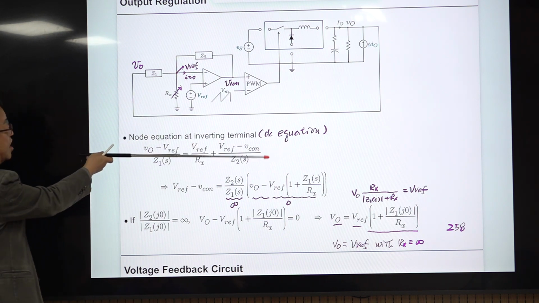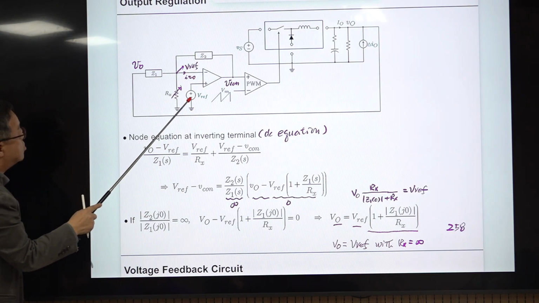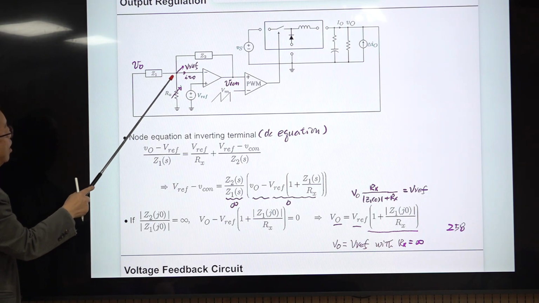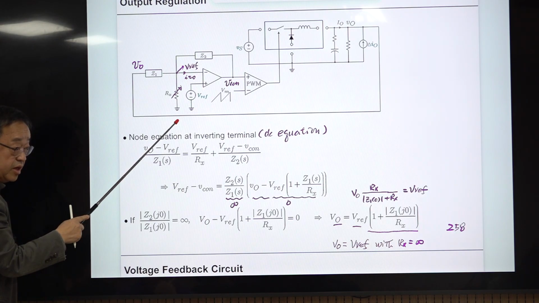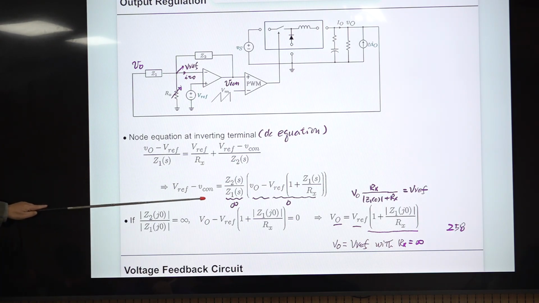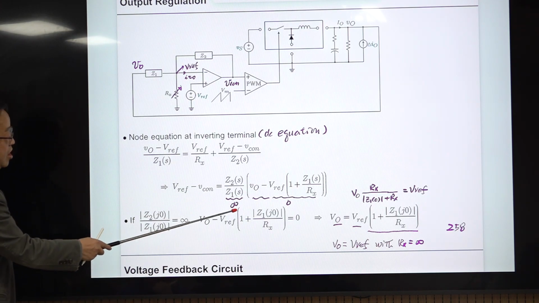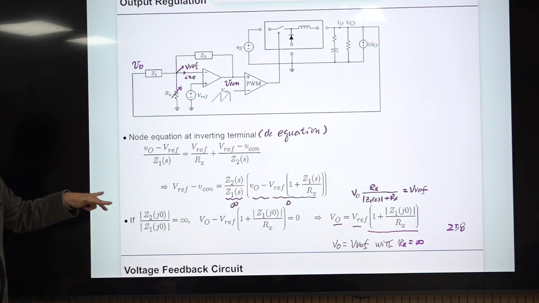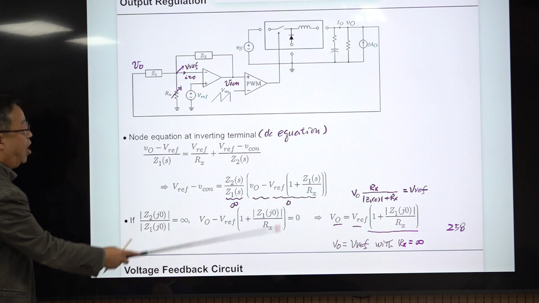In terms of DC, this is still the virtual short, so this voltage is V reference, and the incoming current is this one, and the outgoing current is this one plus this one. This is a DC equation, and you rearrange it in this form. If the magnitude of this is infinity, this should be 0, to make their product finite. This is finite, obviously. Then this is the requirement.